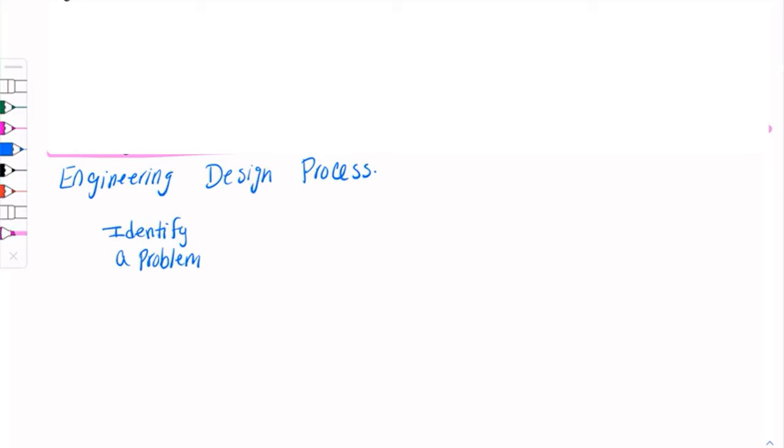Okay? Once you have a problem identified, you are going to identify the criteria. So the criteria is what standards do I have to meet? What does this thing need to be able to do?